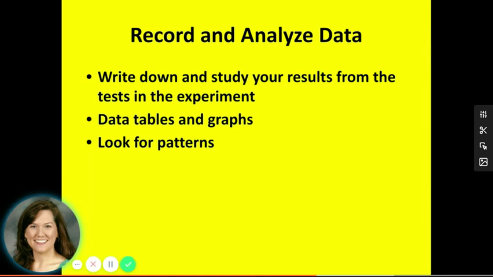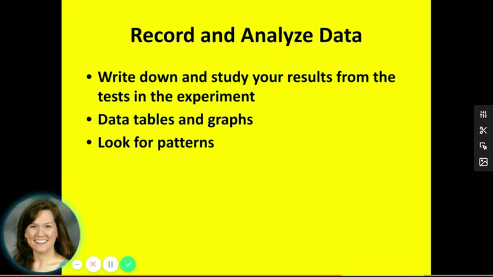The fifth step is to record and analyze your data. Now, of course, while you're doing the experiment, you would be recording. At the end is when you would analyze the data. So you would write down and study your results, like all the measurements that you have taken from the test of the experiment.